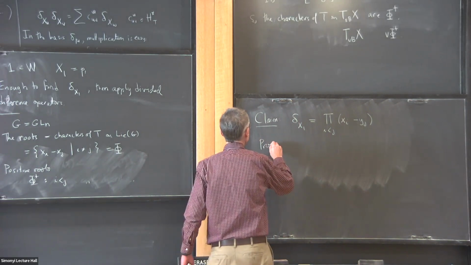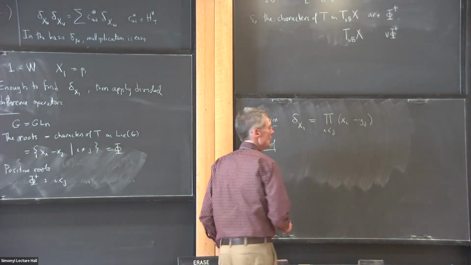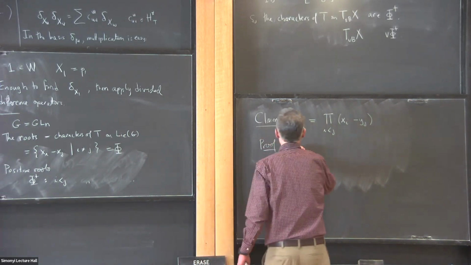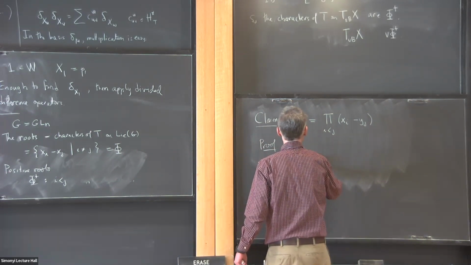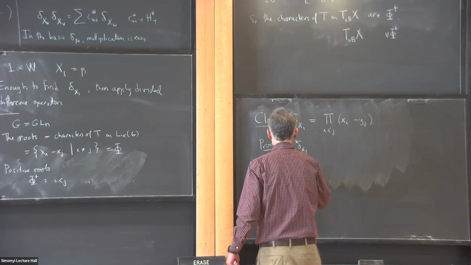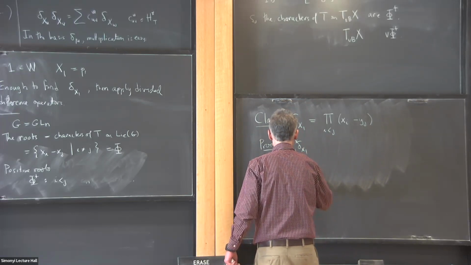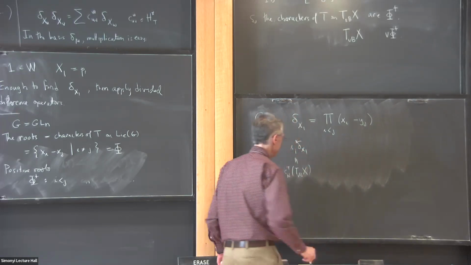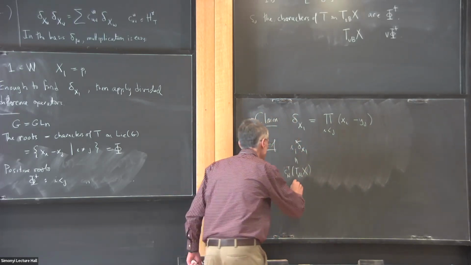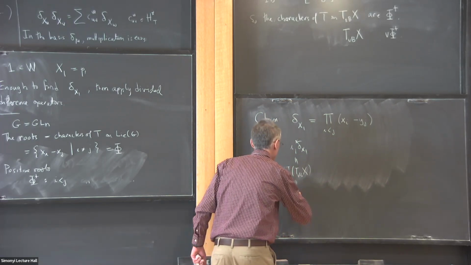Okay, so the proof. i1 star of delta x1 is equal to the top Chern class of the tangent space at 1B of X, because that's just the B fixed point. And this is just the product of the positive roots.